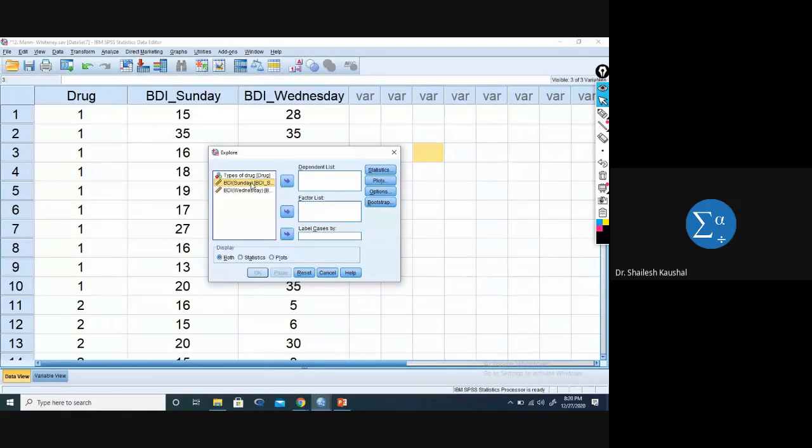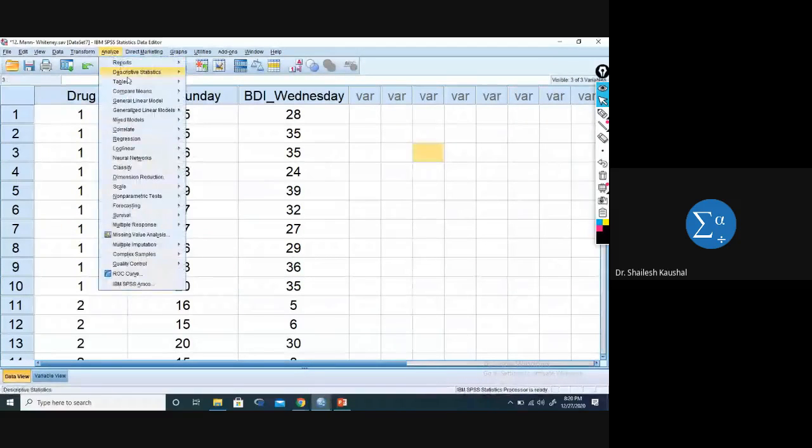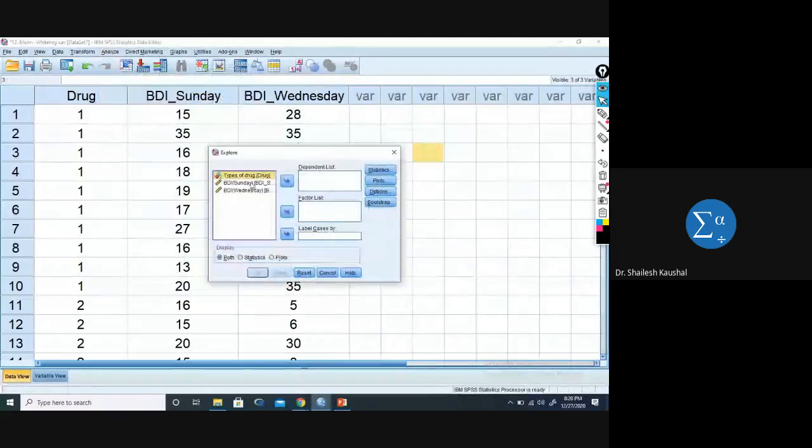I am taking only the Sunday score, as the dependent, and type of drug as the factor.